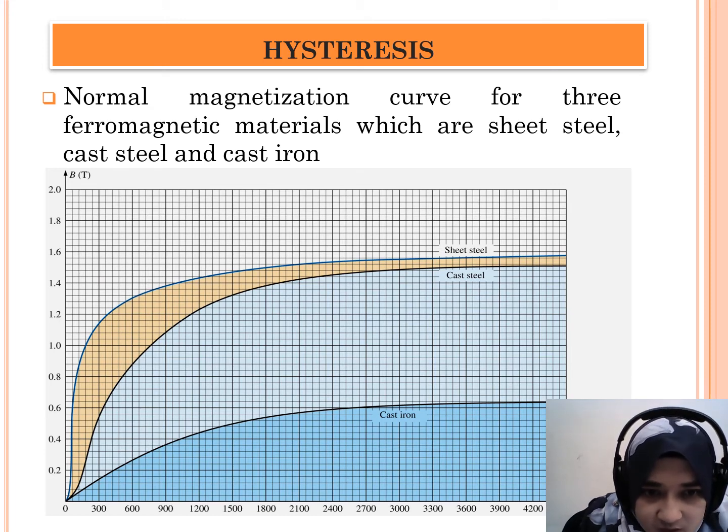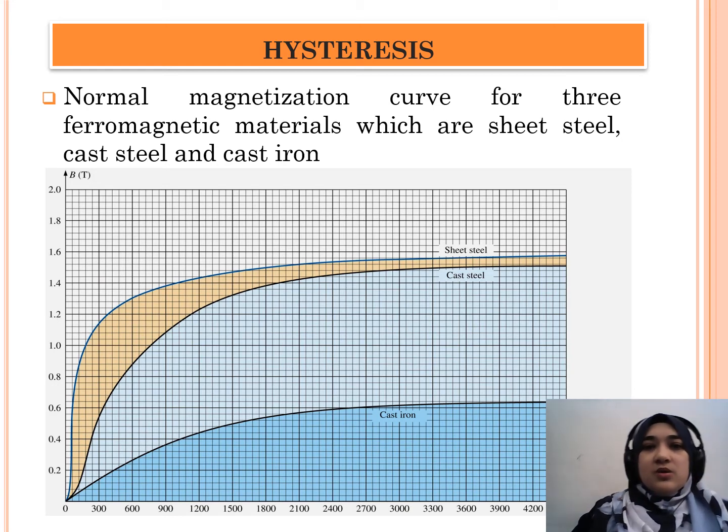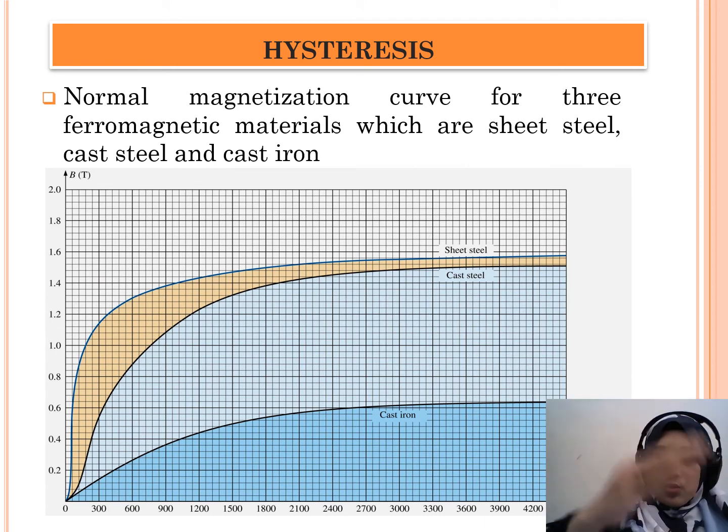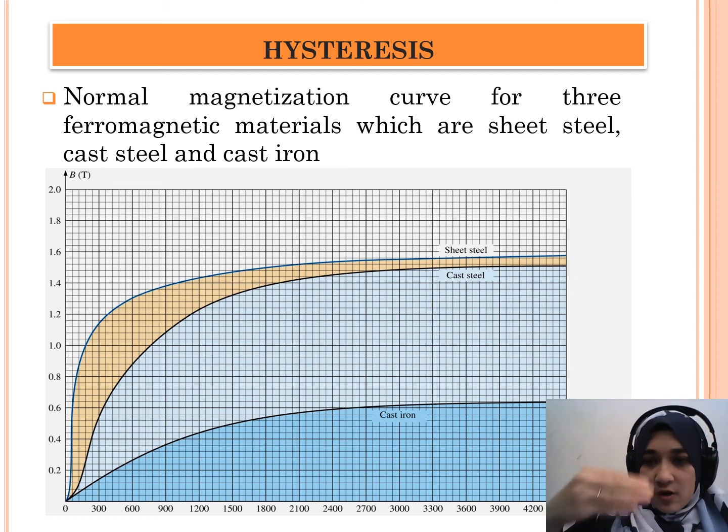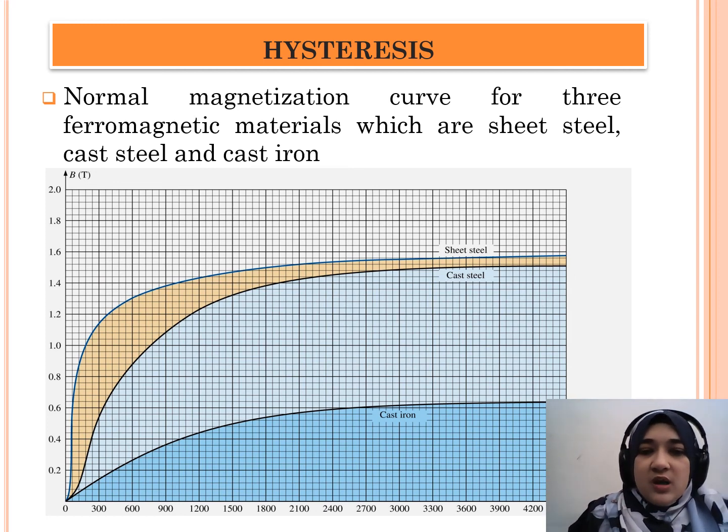How many? It's more than 300 here, like 400 something, right? So that's how you read it from B. You go by which type of material it is, and you read the H value.